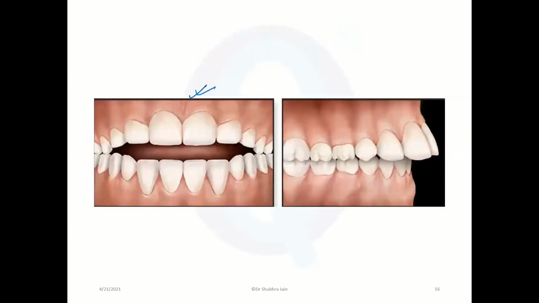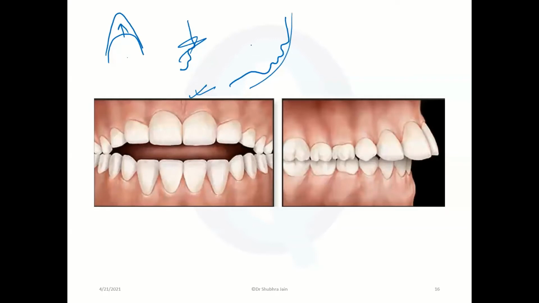The profile will be convex because the maxilla is constricted, so the mandible will be restricted from growing forward. So the mandible will be back. When the maxilla is constricted and the mandible is back, the profile will be like this. So this is a convex profile.